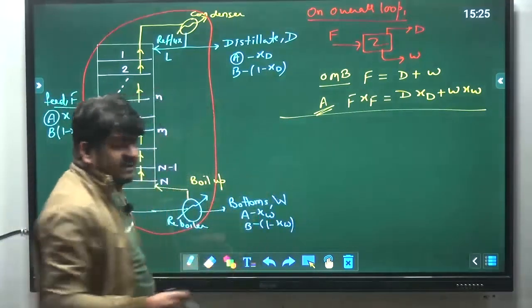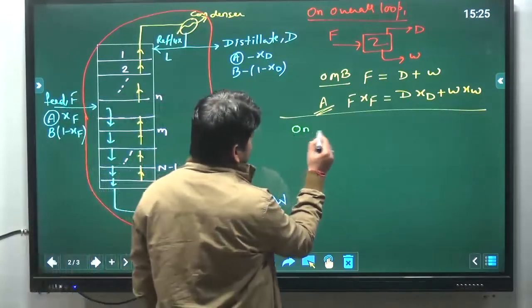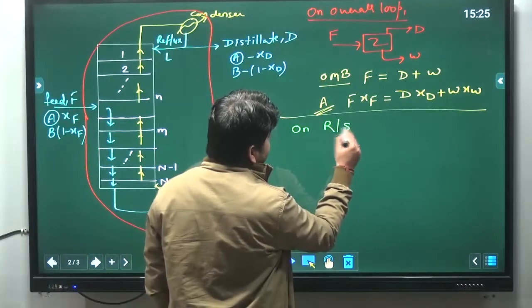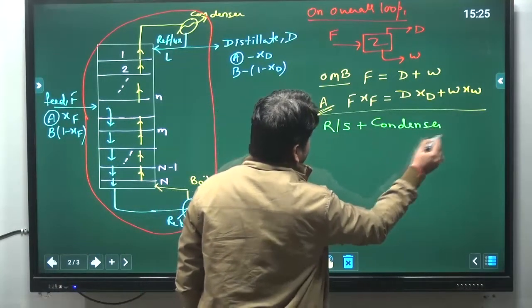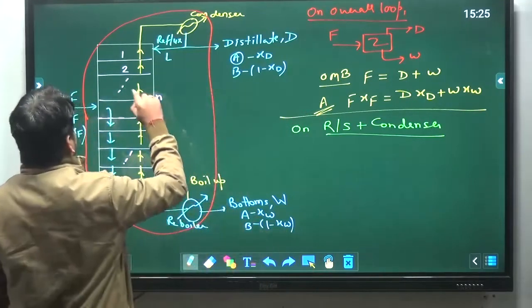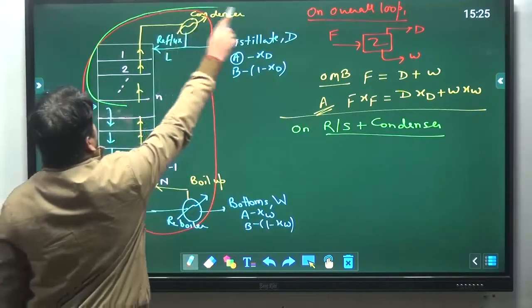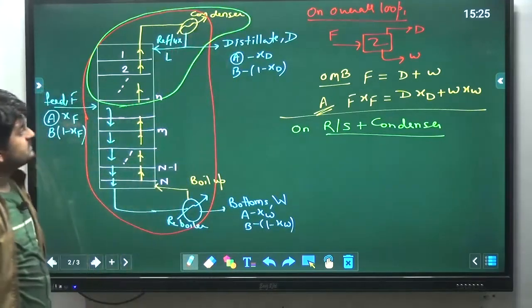Okay, after that you can do material balance on the rectifying section plus condenser. Rectifying section plus condenser means this part.